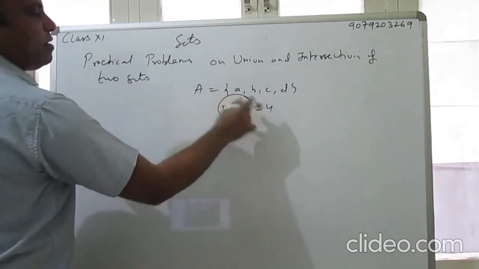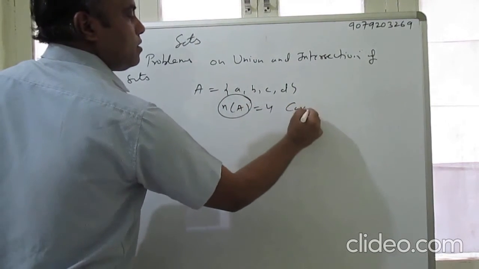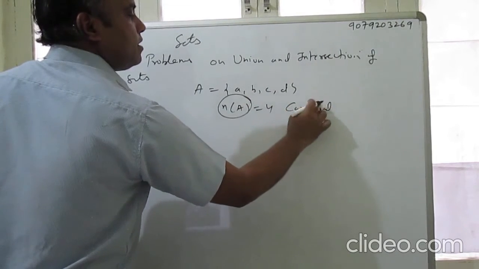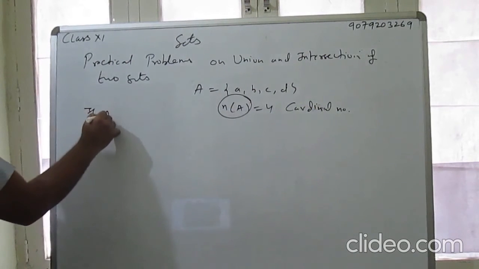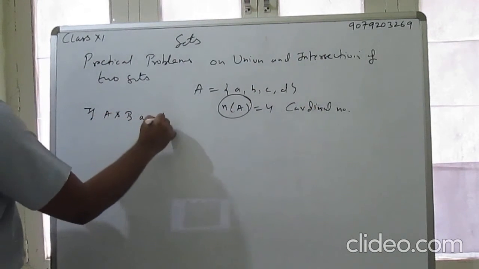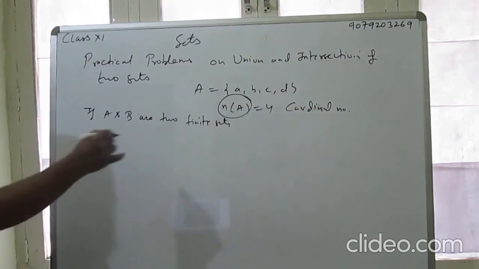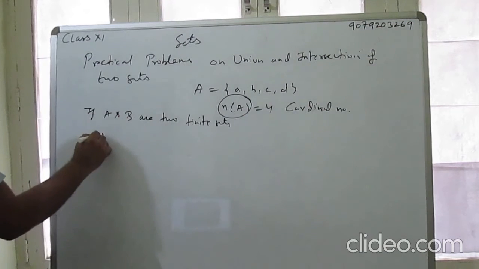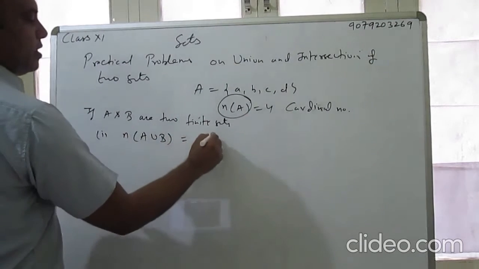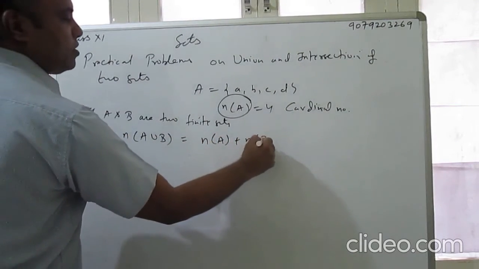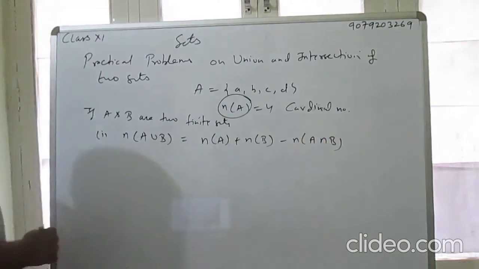ये इसको लिखने का तरीका है, इसको बोलते हैं cardinal number. Now, if A and B are two finite sets, then the property of cardinal number is, number 1, n(A union B) is equal to n(A) plus n(B) minus n(A intersection B).